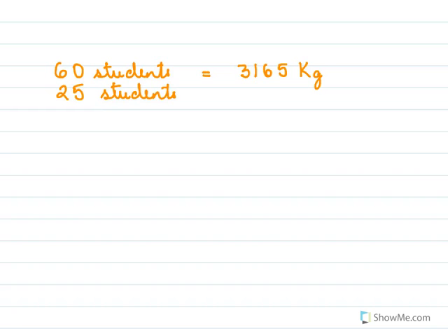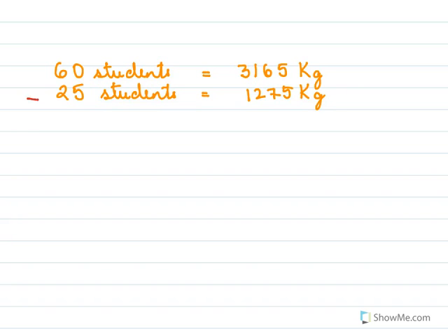So now if we put things together, for 60 students we saw that the total weight was 3165 kg. And then later we saw for 25 students, out of the 60, the total was 1275 kg.